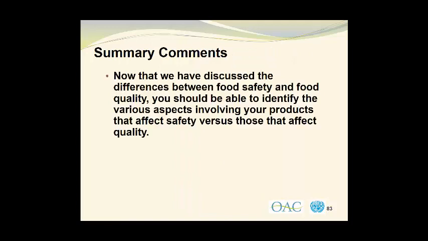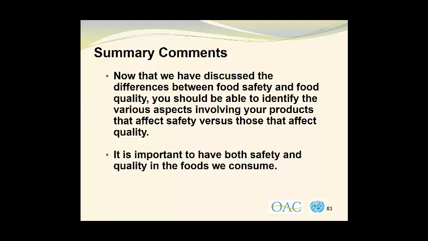So in summary, now that we have discussed the differences between food safety and food quality, you should be able to identify the various aspects involving your products that affect safety versus those that affect quality. It is important to have both safety and quality in the foods we consume.